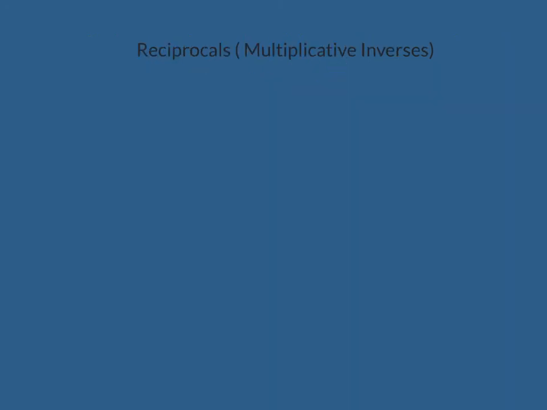For the last part of the lesson, we have reciprocals, or multiplicative inverses. So that's two numbers with a product of 1 are called reciprocals or multiplicative inverses. So that looks like this. If we have 3/4 times 4/3, we can cancel those out.